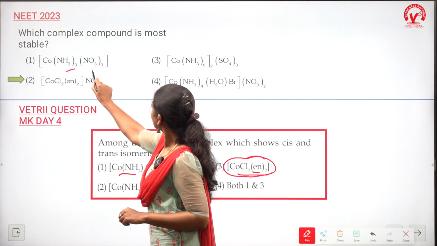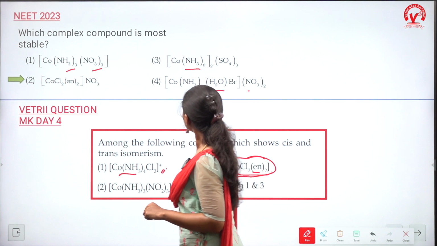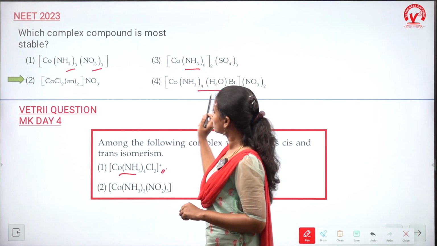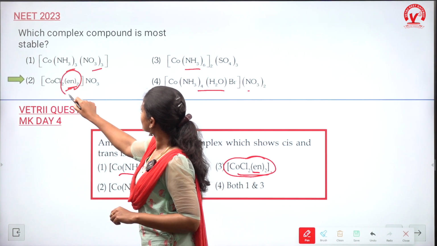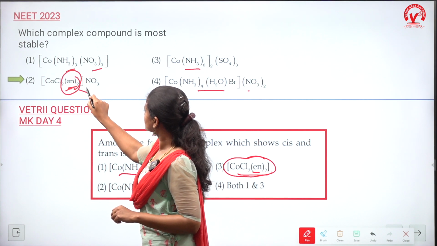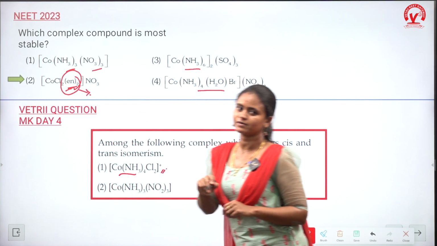Similarly, when compared to these three, the complex contains only monodentate ligands. In option 2, this complex contains a bidentate ligand, which shows more stability when compared to these three. So option 2 is correct.